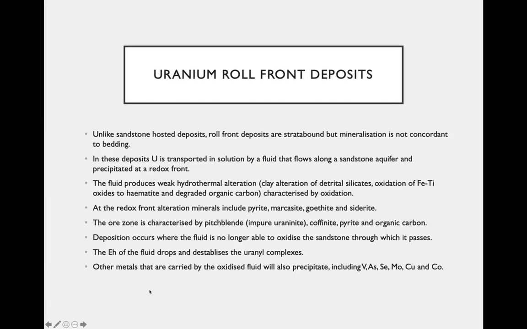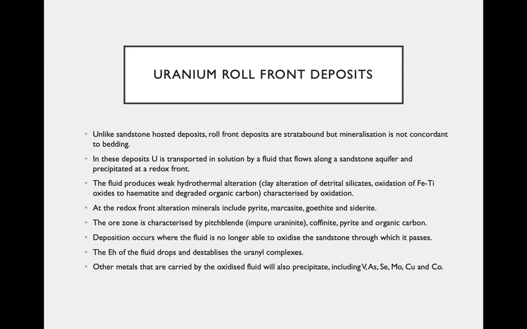The second type is uranium roll front deposits. So these ones are strata-bound, but the mineralization is concordant to bedding. Uranium is transported in solution by fluid that flows along a sandstone aquifer and then hits a redox front. So then we get weak hydrothermal alteration, clay alteration to silicates, oxidation of iron titanium oxides, and the redox front minerals include pyrite, magnesite, goethite, and siderite.